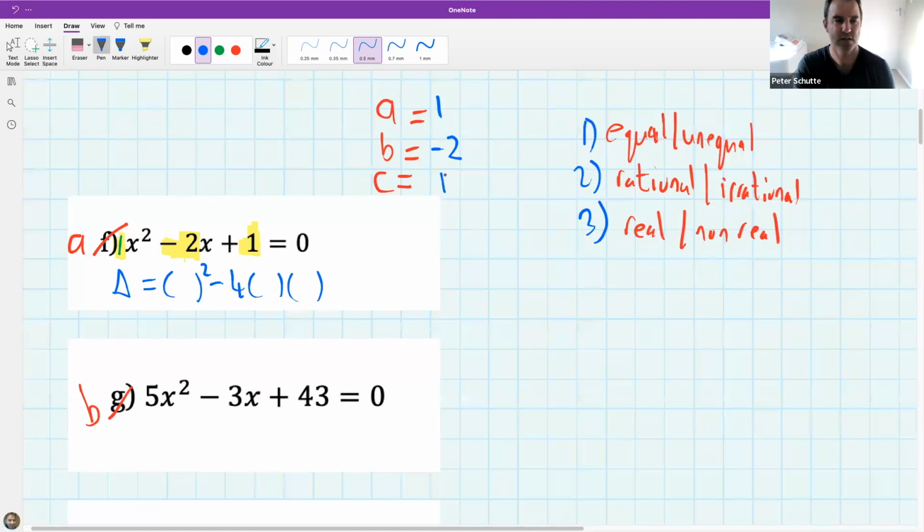What do we get for delta for number A, for letter A? Wait, so not put 1, I must put, it should be -2. 1.